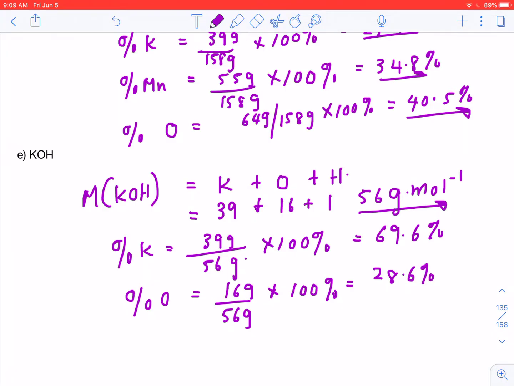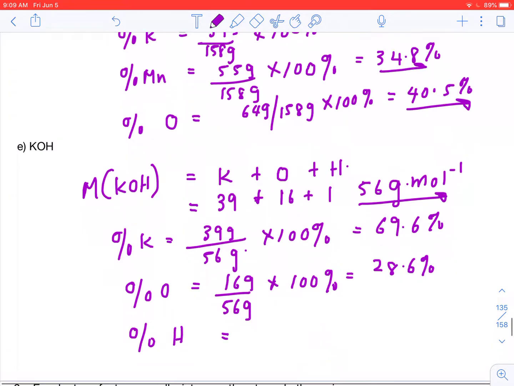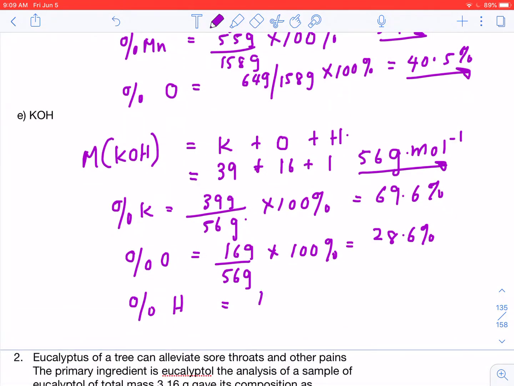Okay, and then if I want percentage of hydrogen in here, that would be 1 gram upon 56 grams times 100%, and that gives me 1.8%. Right, so if we add all that up, must be 100.